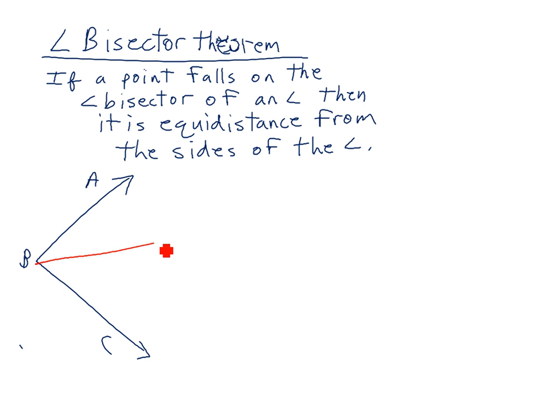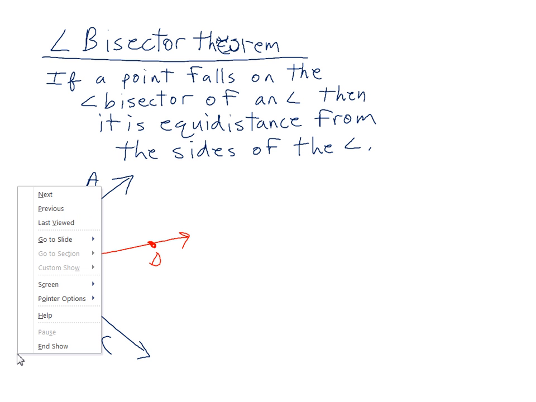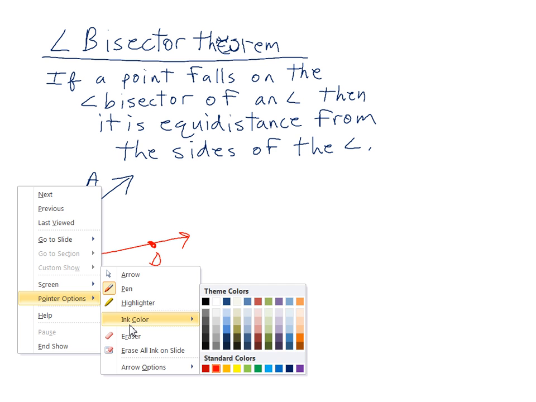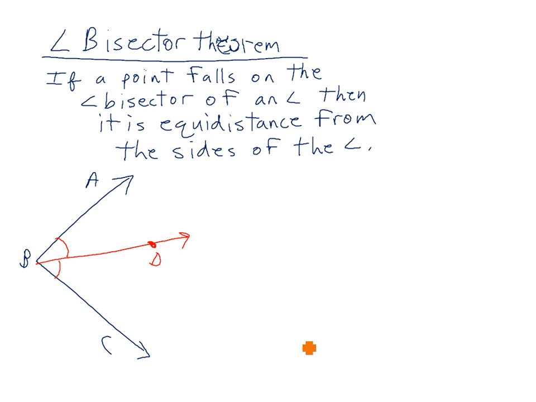And if I tell you that ray BD bisects angle ABC, so that ray is bisecting that angle, then what that means is, if you pick any point that falls on this ray BD, the distance it is from this side to this side has to be exactly the same. That's a terrible drawing. Let's try another one.